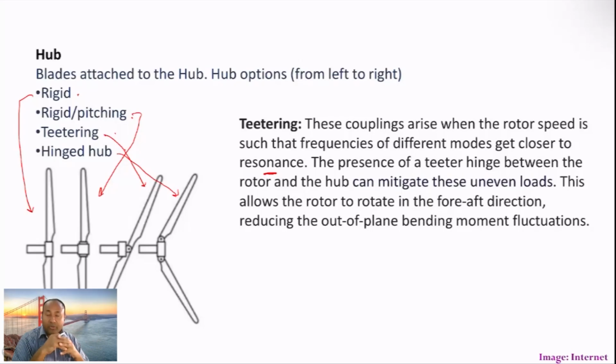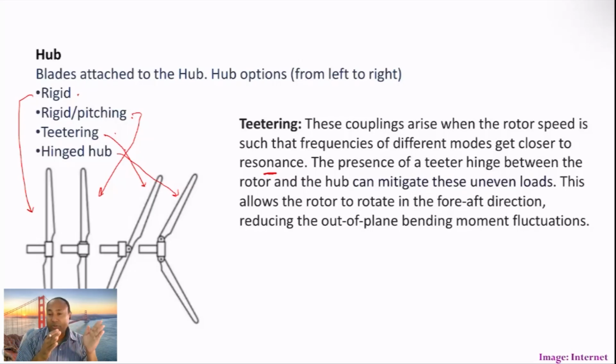Every component will have its natural frequency, but now this system is exposed to dynamic loading. We'll talk about the different kinds of loading, but just to touch upon, we are looking at a particular teetering hinge and why it is important.